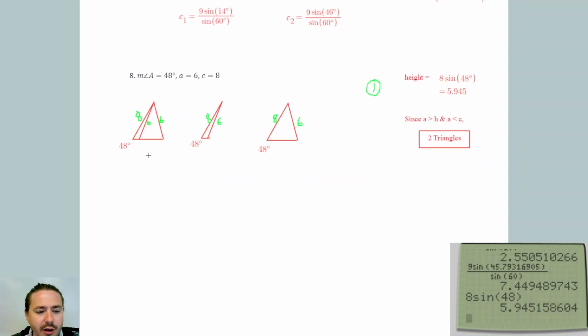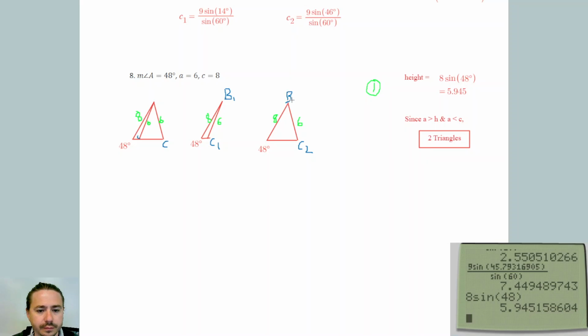All right, now let's label everything that we need to find. So this is going to be angle C, with a little angle C there. So this is going to be C1 and C2. And then our angle up here will be our B, so we'll call this B1 and B2.